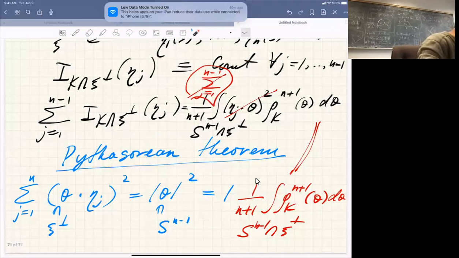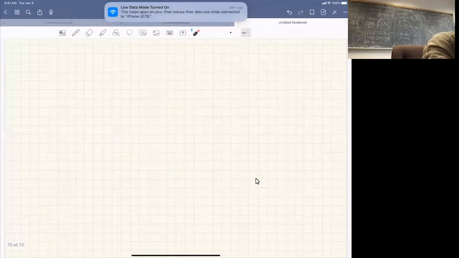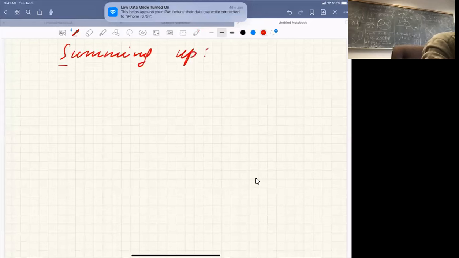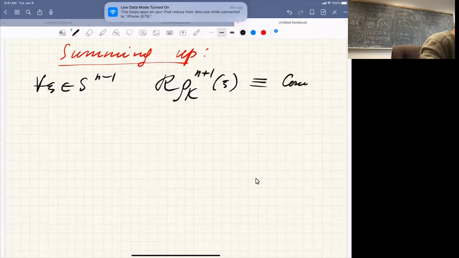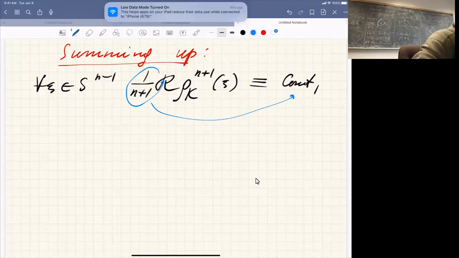So let's sum up. For any ψ on S^{n-1}, the spherical Radon transform of the power of my radial function is identically constant, maybe a different constant, I don't care. Here I forgot 1 over n plus 1 again, I don't care, because I could bring it into the constant.